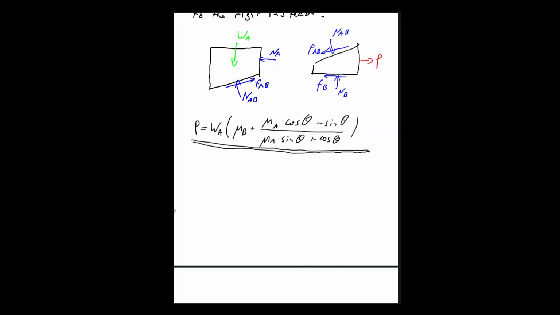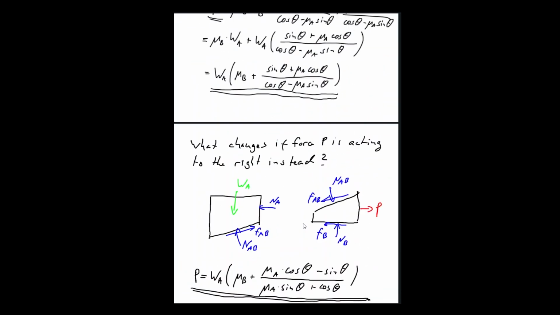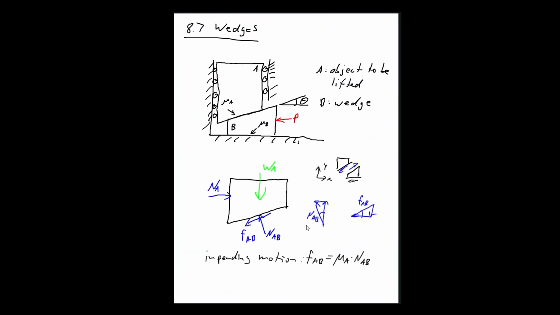Now, one more thing before we finish, and that's the concept of what's called self-locking. What does that mean? That means that I would not have to hold the block in place. Let's go back to our main picture here.